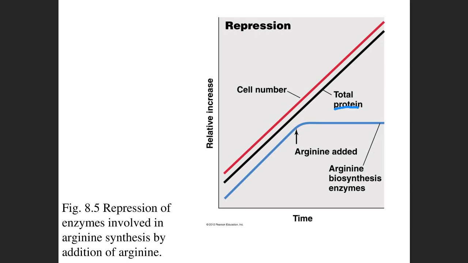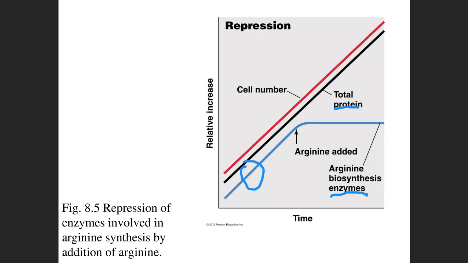The bacteria grow, and when they grow, they need to make arginine constantly. So the arginine biosynthesis enzyme, the blue line, is being made all the time.